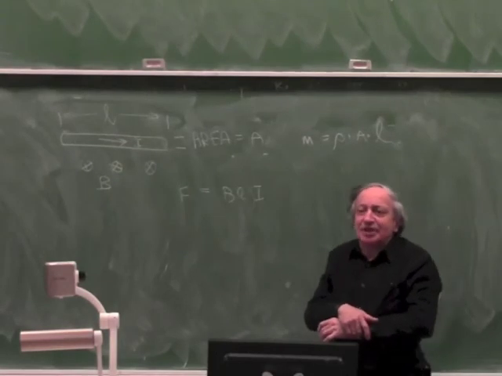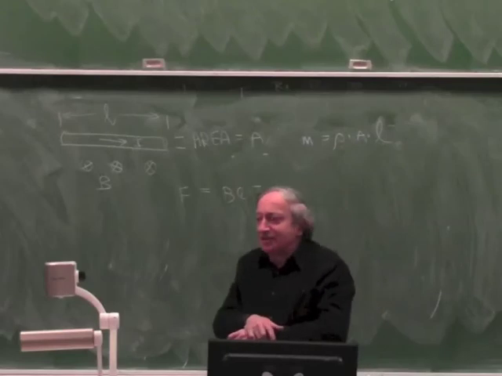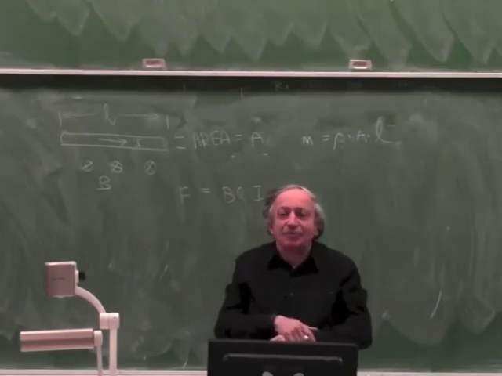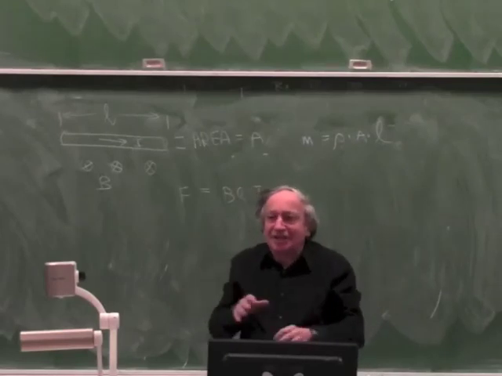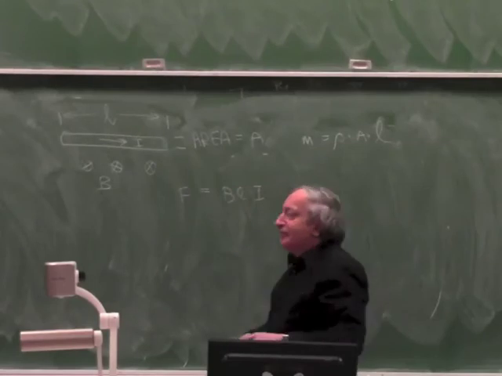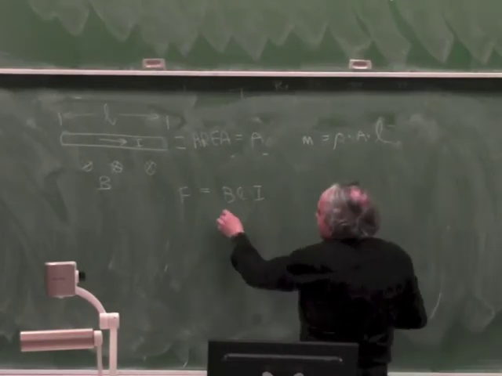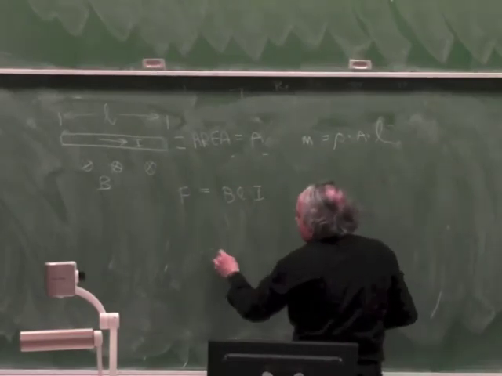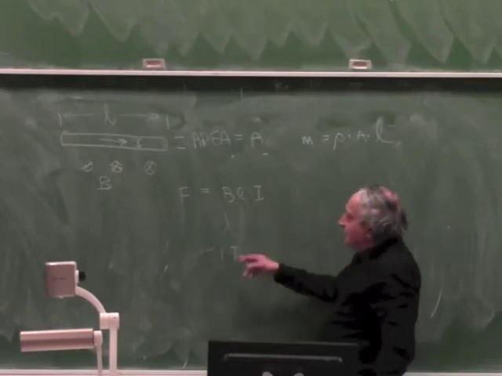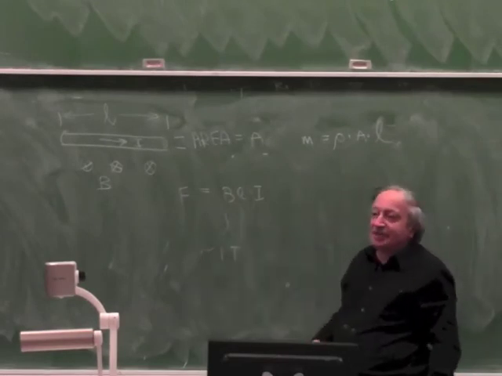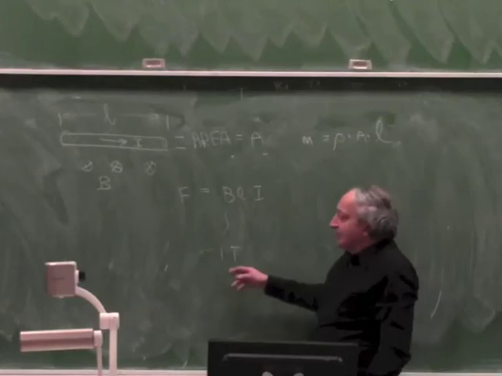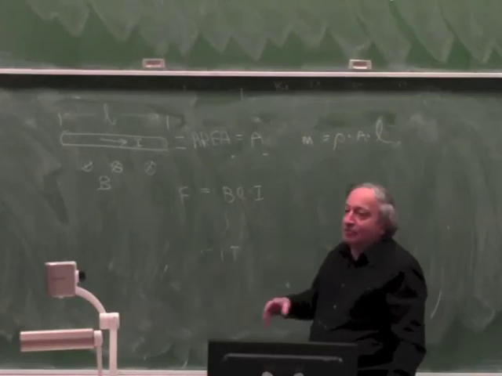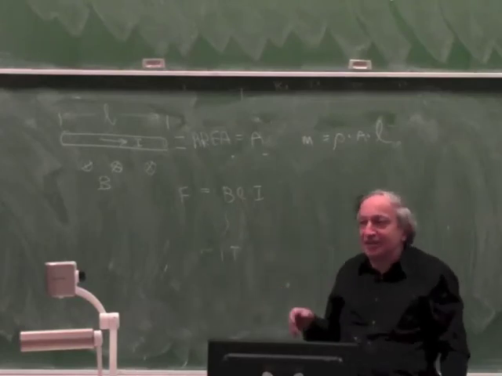The only exception is MRI machines. In MRI machines, they have some enormous magnets, they are getting up to 3 Tesla. But any actuator you will build, you'll never get more than 1 Tesla. Most of the actuators you'll build will be less than 1 Tesla. For example, in a hard drive, B is about 0.8, 0.9 Tesla.